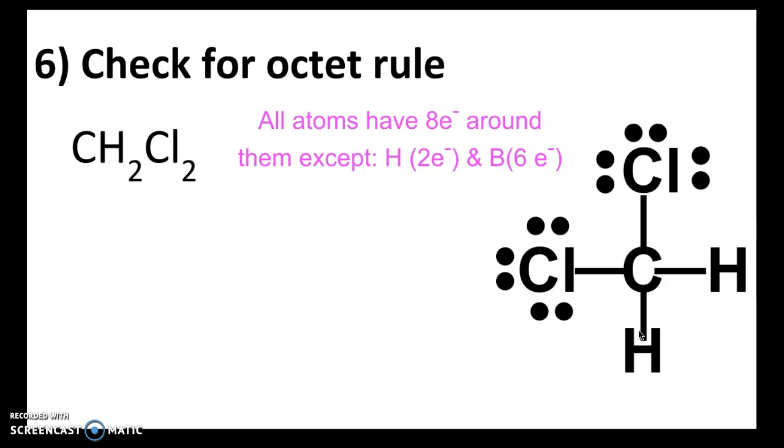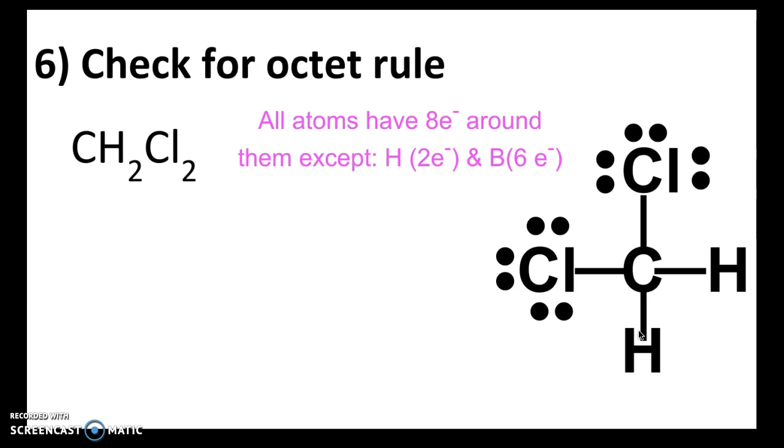After we make a structure, we want to check it to make sure that it's right. One thing to check for is to make sure all atoms have the octet rule. If they don't have the octet rule, that's your clue that you need to go back and fix something. Maybe you skipped a step, like maybe you have some unpaired electrons, or maybe you forgot to put on lone pairs. So that will be your clue to go ahead and fix up your Lewis dot structure.